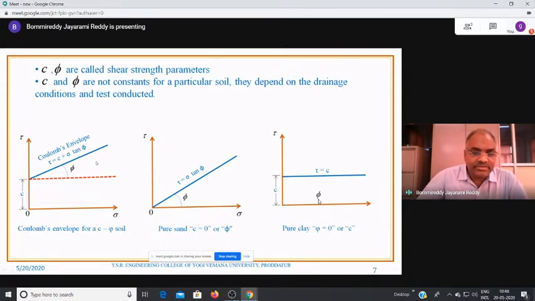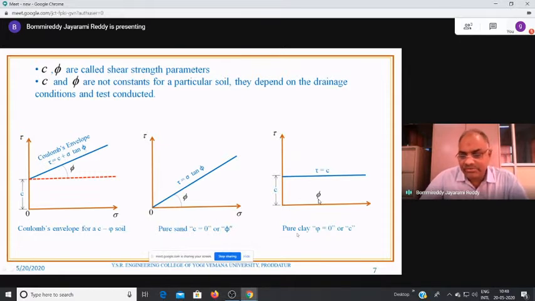In another case, the soil may not have a phi value. In such a case, tan phi means tan 0, which is equal to 0. So the second term vanishes and tau is equal to C, with phi equal to 0.